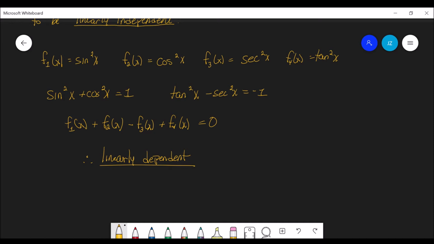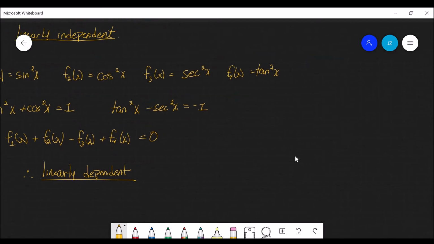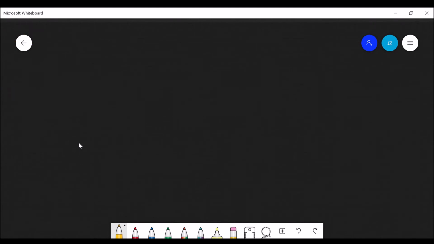Now, how can we determine whether a given set of functions is linearly independent or linearly dependent? Well, we do so by making use of a new value.